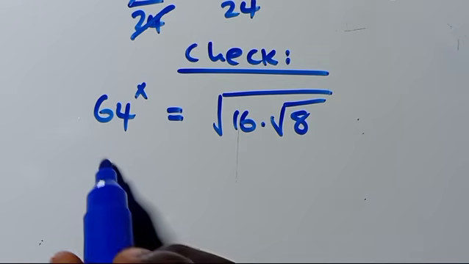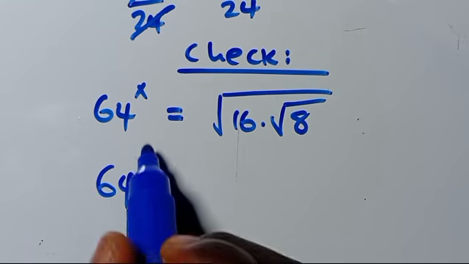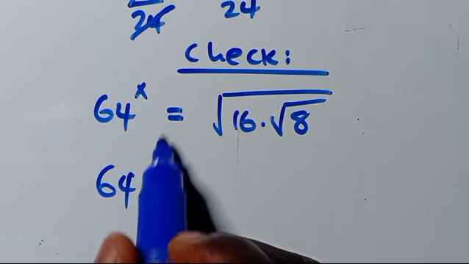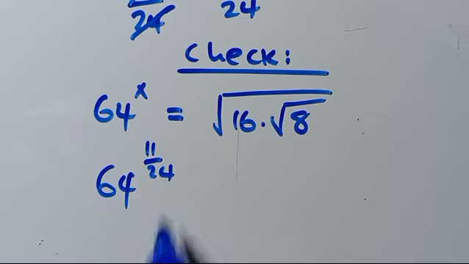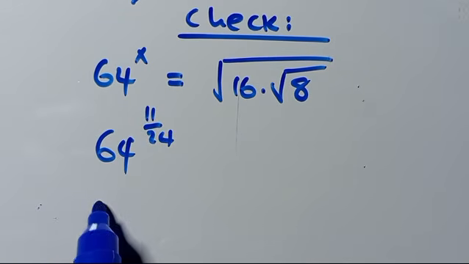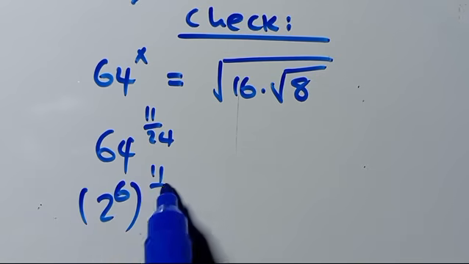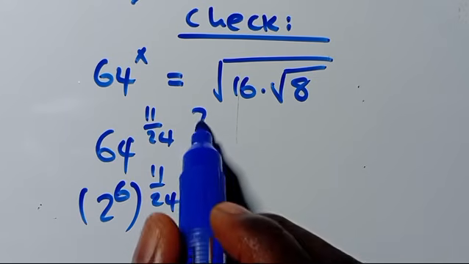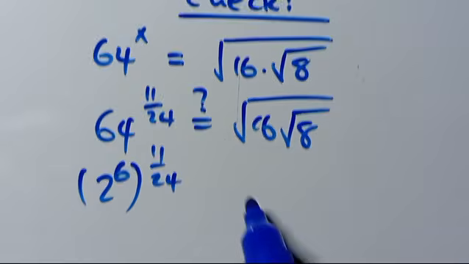Then we have here 64 to the power of 11 over 24. Then we can have this as 2 to the power of 6 times 11 over 24, or is it going to give us root 16 multiplied by root 8?